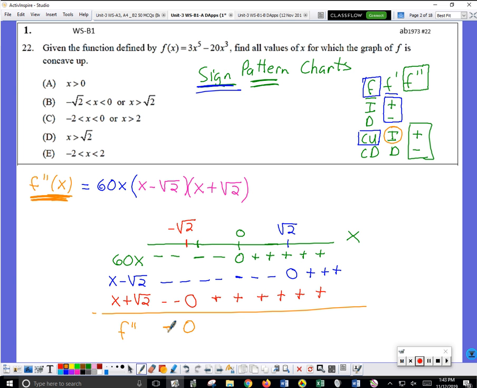Is there any way you could just rephrase the last little bit? I'll get you to say it, it will stick better. So what we're really trying to do is we want to know when x is negative 10, what is f double prime? Is it a negative number or is it a positive number? The way we figure that out is we say, when x is negative 10, this factor of f double prime, is that positive or negative?